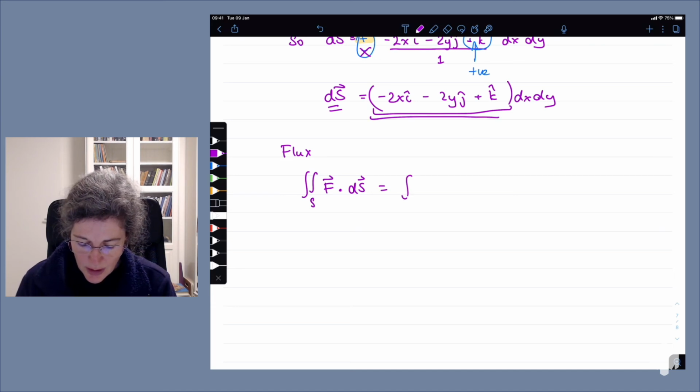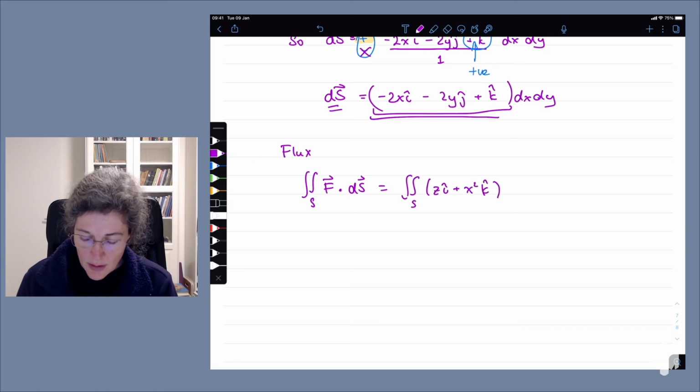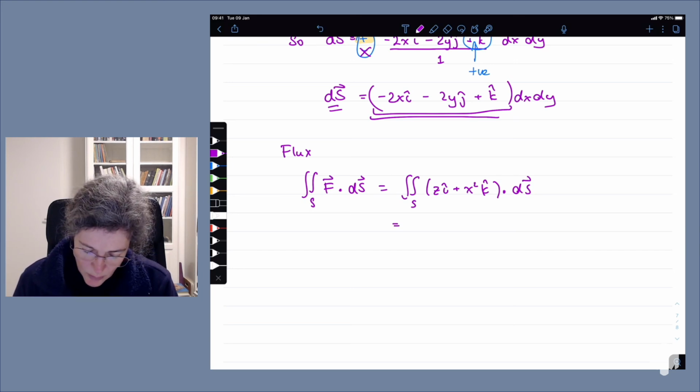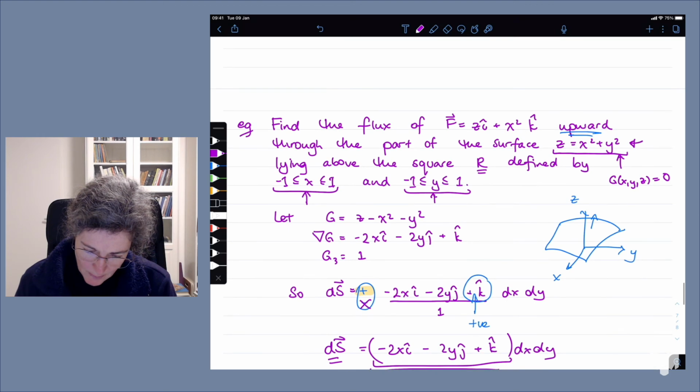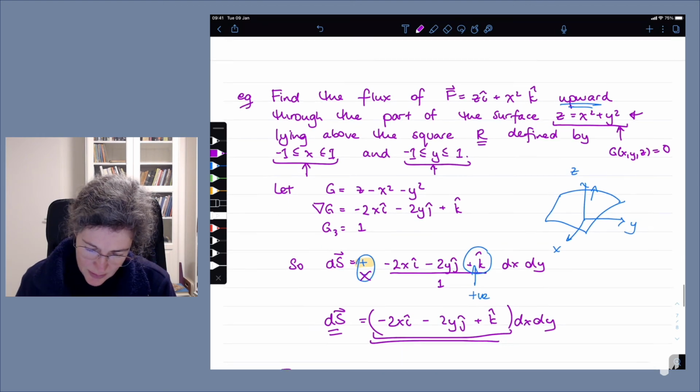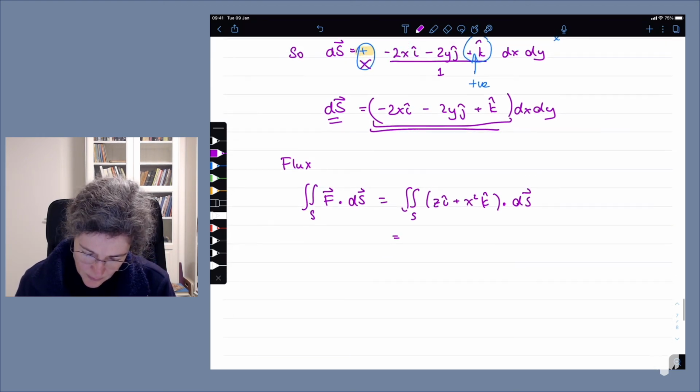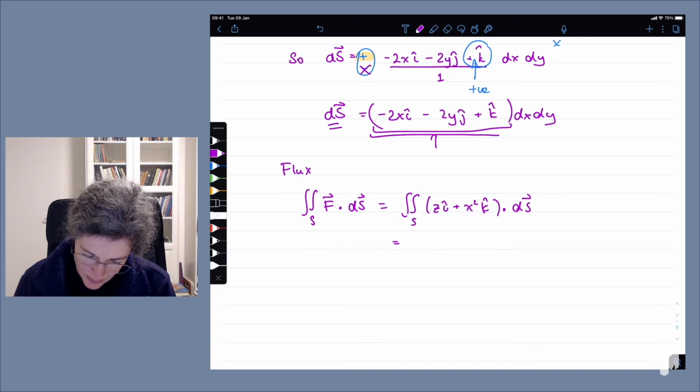So we want the integral over our surface of our vector field, which is this, dotted with dS. So remember, this is our surface element.